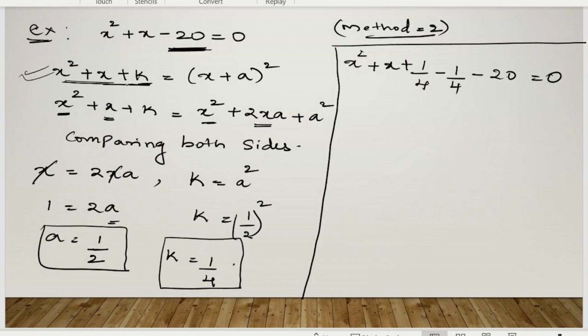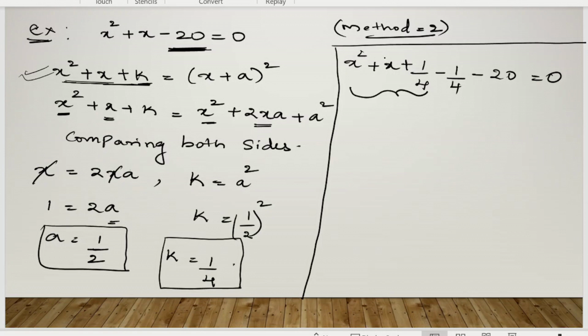In the original equation, we do not have any k value. So if you are taking any value, we need to subtract it. So we will subtract 1 by 4. Then we will take minus 20 is equal to 0.